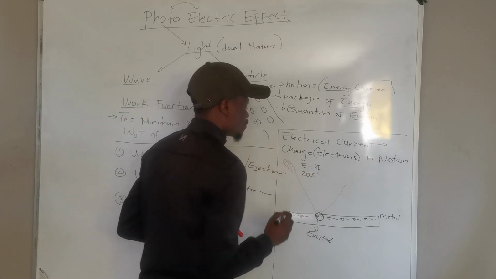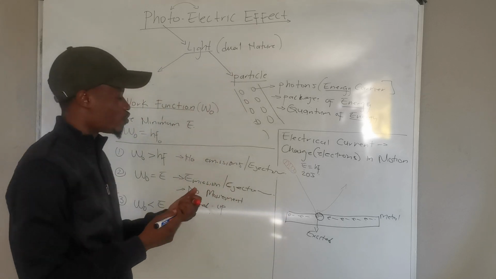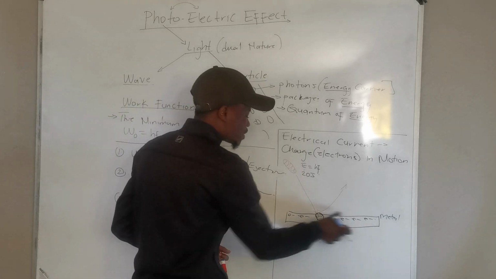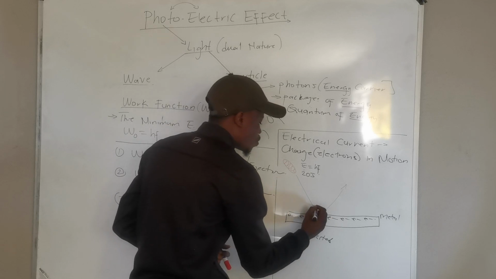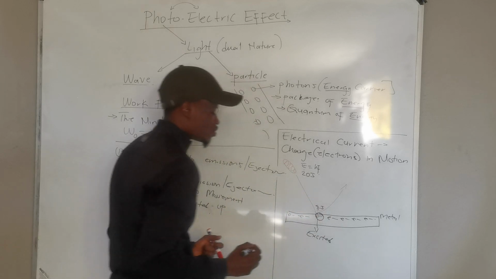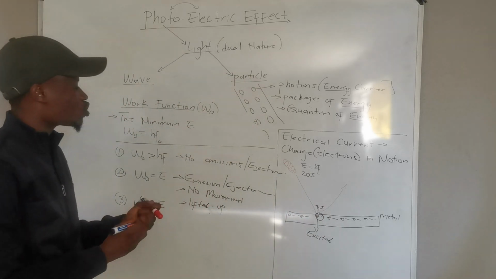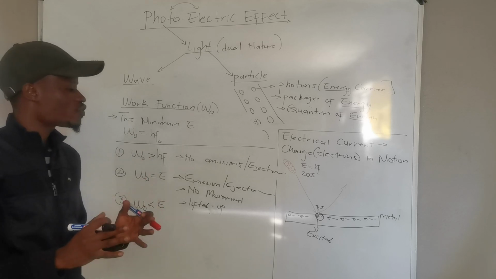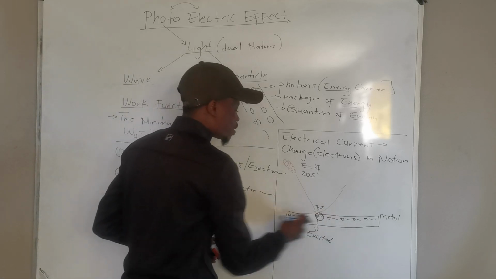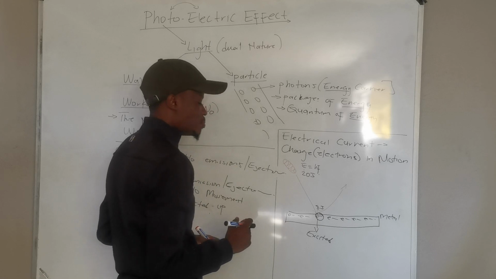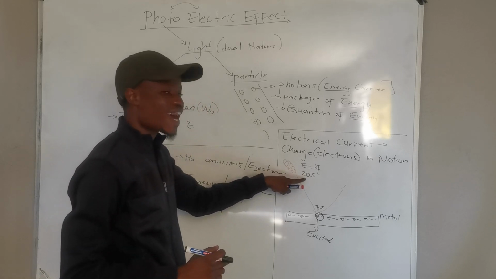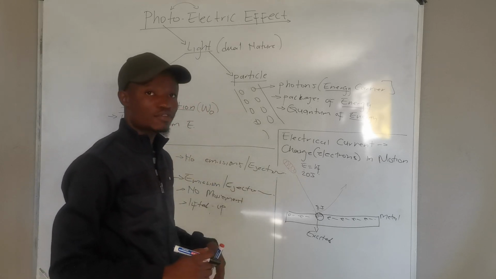Let me say 20 joules. That is the energy of the photon. The energy that is required here, they only require 8 joules. Can you see that? So the photon has 20 joules of energy. The work function is 8 joules, meaning that I'm still going to have an excess energy that is left.